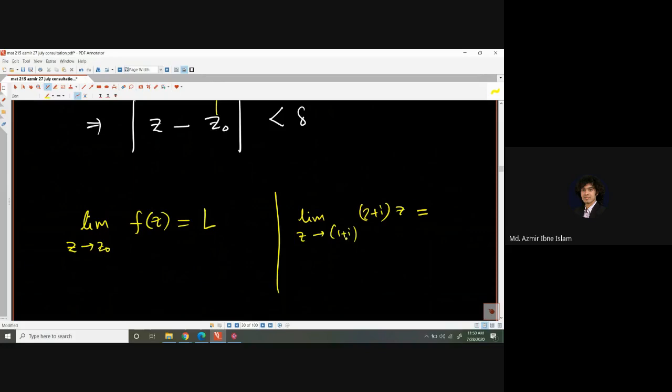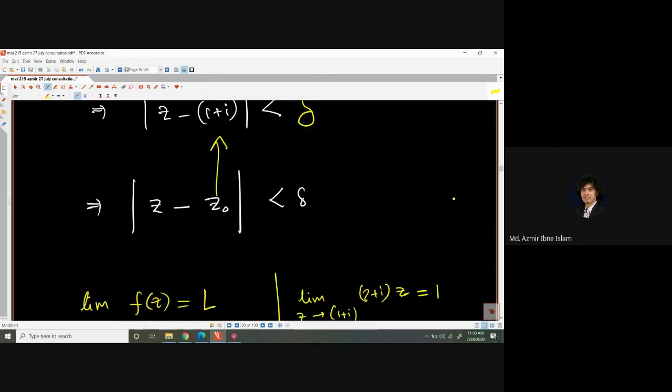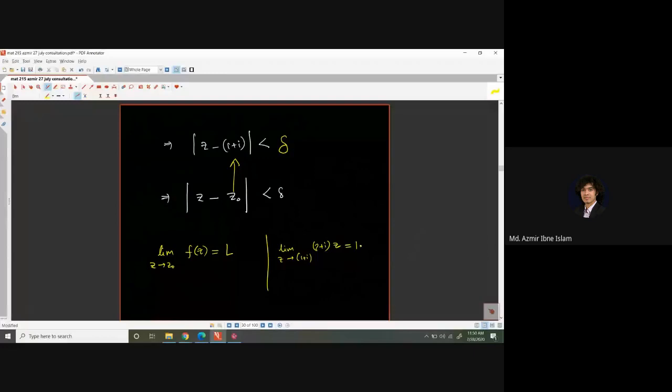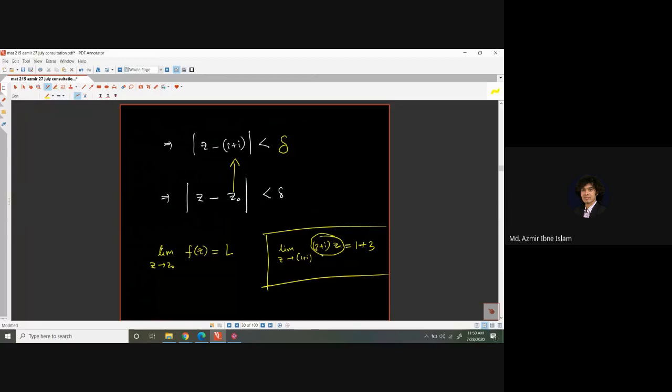So what is the result? 1 plus 3i, sir. Thank you. So 1 plus 3i. So we can easily prove that this function with this limit is approaching 1 plus 3i. So this is the epsilon-delta proof. I hope you have understood. Clear? Yes, sir.